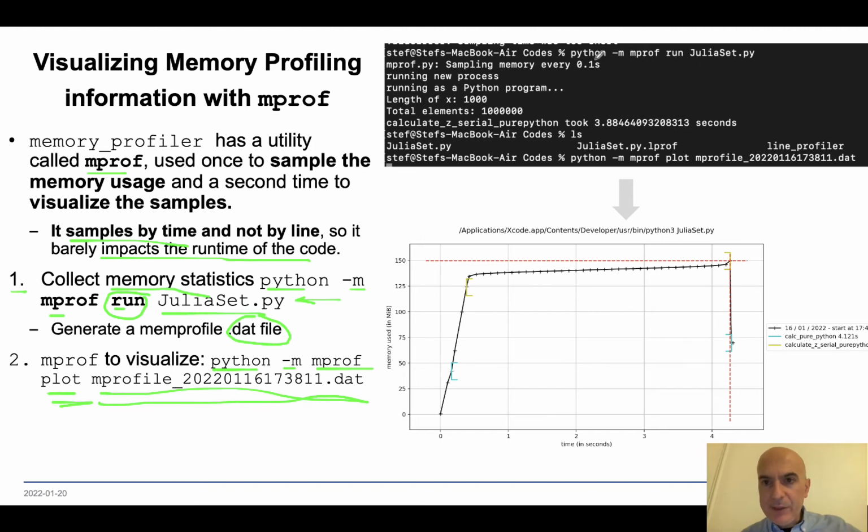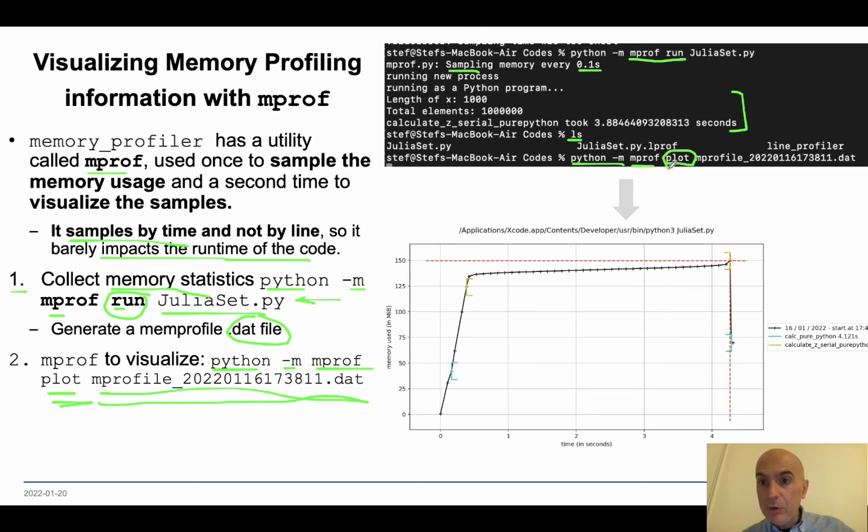So here you have just a first example. The first thing is to collect information about the memory usage. You see that it is sampling memory every 1/10 of a second, and then our code is running. Then I just do an ls to check the name of the file, and then I run python -m mprof plot.